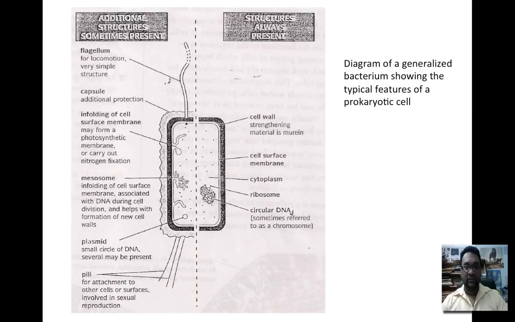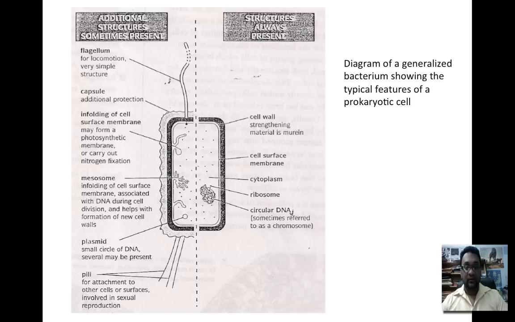So here we're looking at a typical or general prokaryotic cell. And we see that this side represents the structures that are always found. And you see that in a prokaryotic cell, there's a cell wall. Now the cell wall is composed of a different material from the cell wall in plant cells.